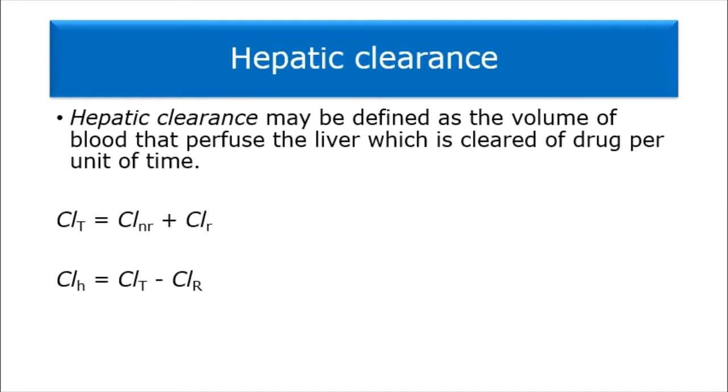In other terms, if we have 1 liter of blood that normally perfuses the liver per unit of time, and if 50% of this 1 liter, which is 500 ml, will be cleared of the drug per minute, then we will say that the hepatic clearance will be 500 milliliters per minute, or 0.5 liter per minute.